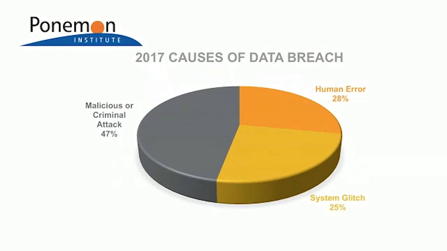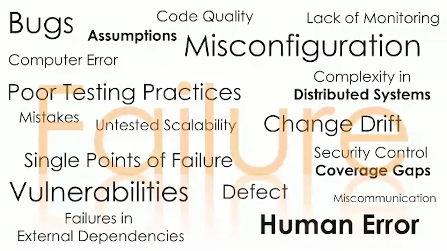So this little slide is just a representation of the different types of failure that do occur. Now, in the world of distributed systems, it is becoming more and more impossible to understand all the pieces of the puzzle.